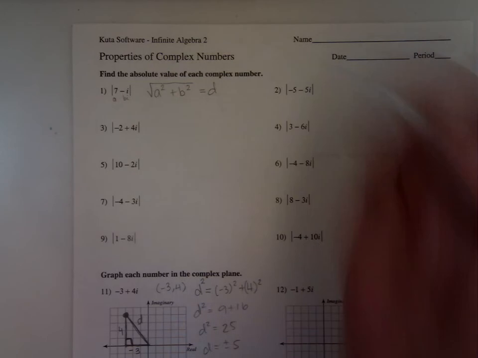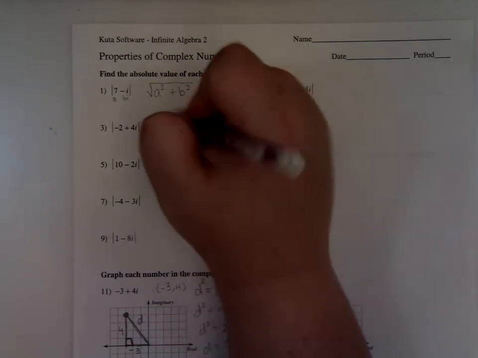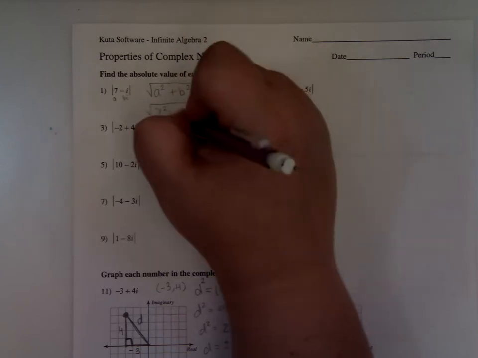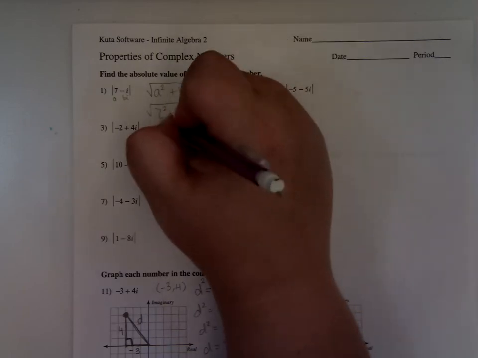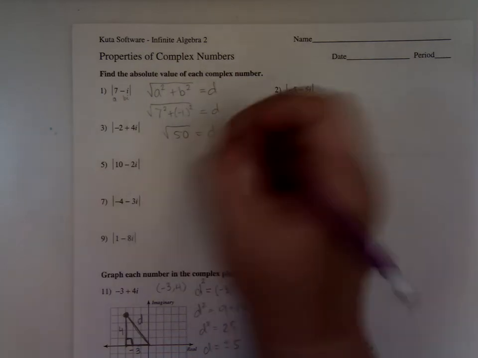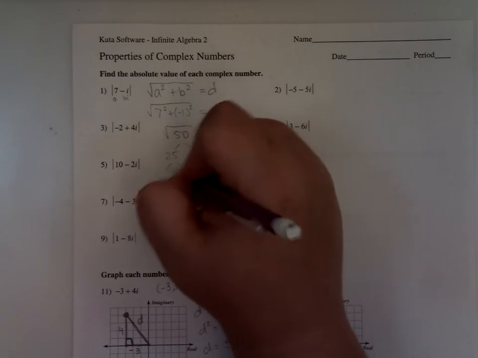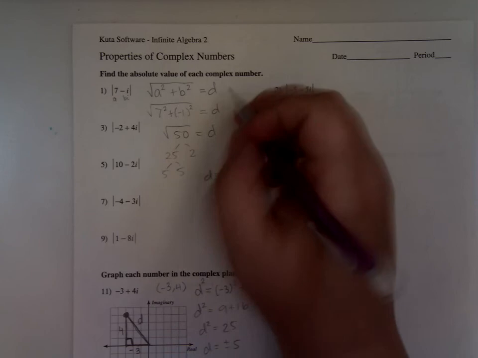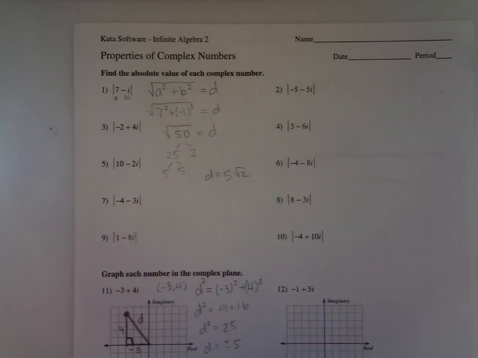So for this one, it's going to be the square root of 7 squared plus -1 squared. That's our distance. So it's the square root of 49 plus 1. So square root of 50 is our d. We can simplify this a little bit, and we can say that d, or the absolute value, whichever, is 5 root 2. So that's how you do those. It's just basically a glorified Pythagorean theorem.